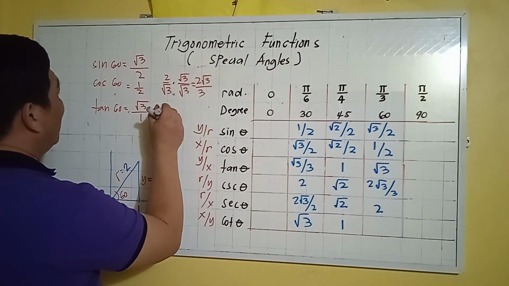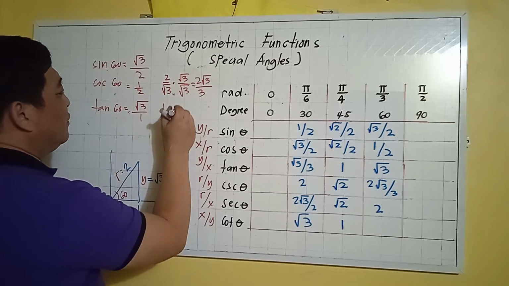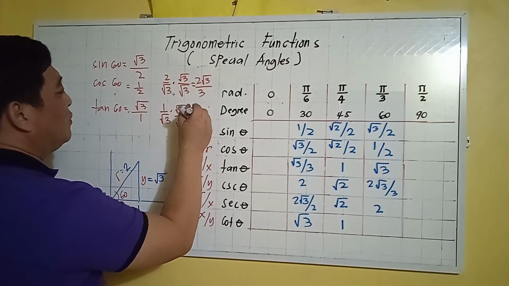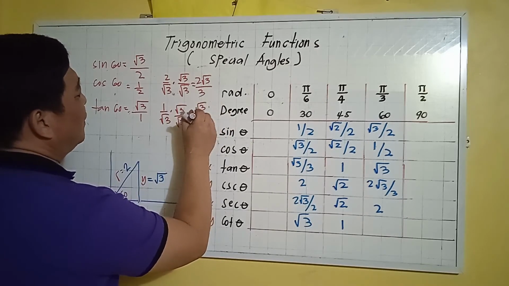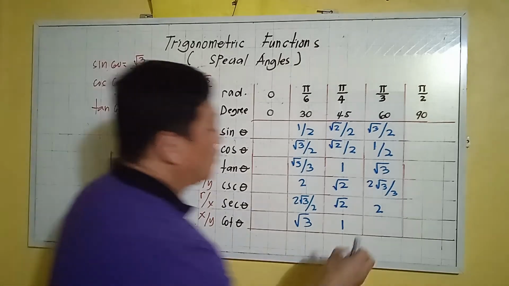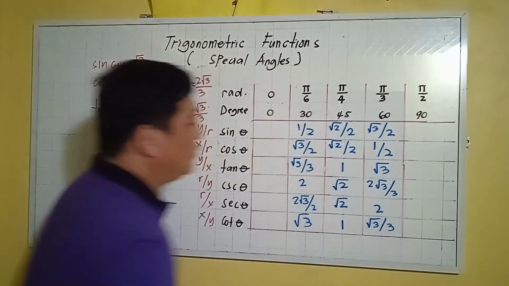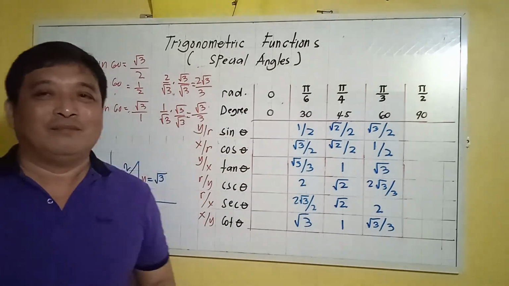Rationalize, multiply by square root of 3 over square root of 3, and we have square root of 3 over 3. How about 0?